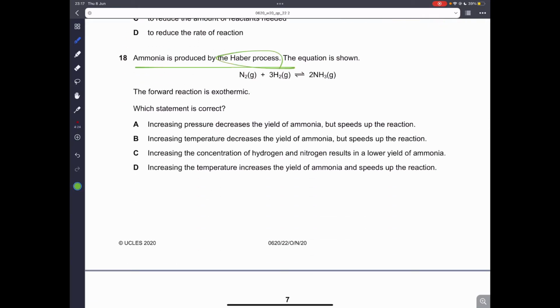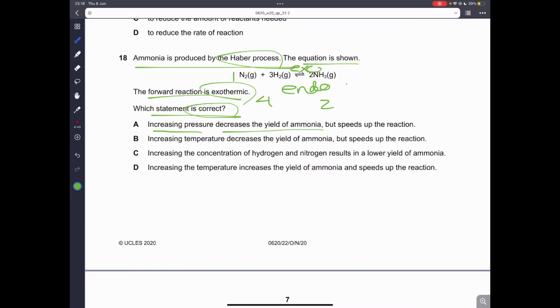Question 18. Ammonia is produced by the Haber process. The equation is shown. The forward reaction is exothermic. Which statement is correct? So forward is exo. This means that the backward reaction is endo. Okay, let's look at the options. Increasing pressure decreases the yield of ammonia. So there are 4 moles on the left hand side, and there are 2 moles on the right hand side.